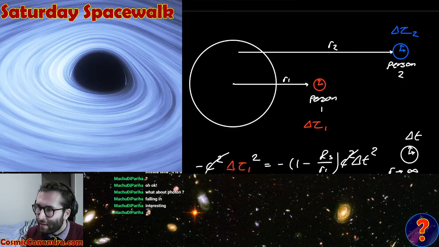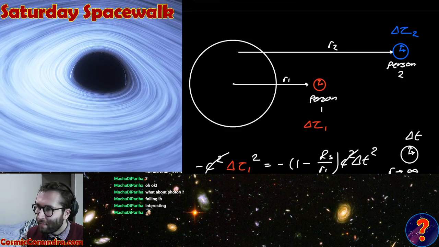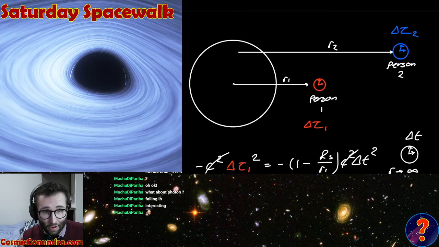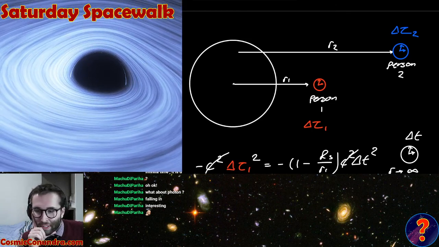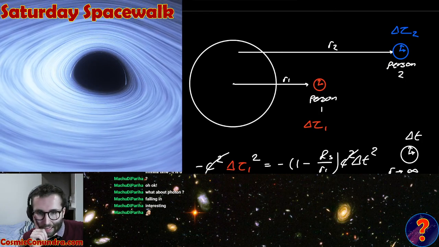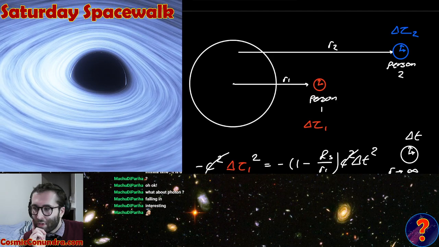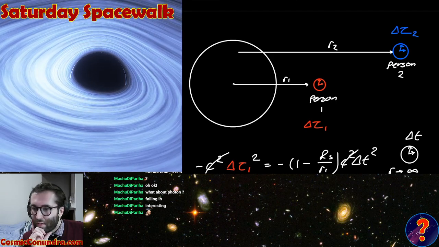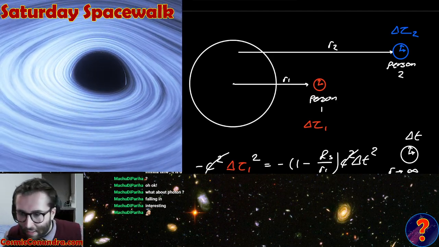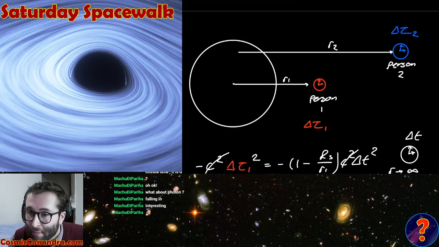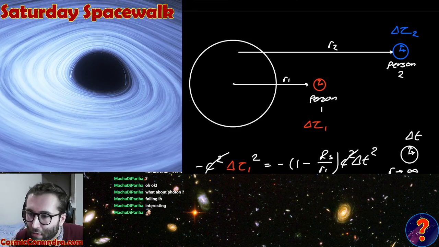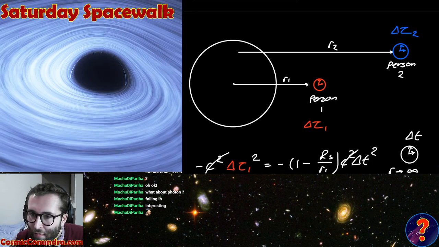But I think we'll leave it there, and next week we'll talk some more about white dwarfs, because that'll bring in some quantum mechanics-y stuff as well, and try to figure out from scratch the famous result for the Chandrasekhar limit, the maximum mass you can have for a white dwarf. That'll be something interesting to figure out.